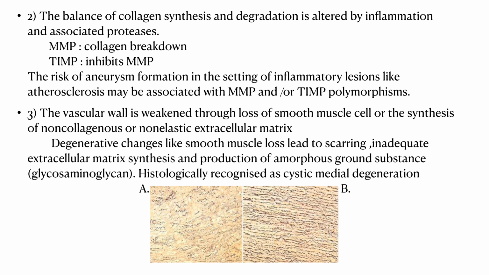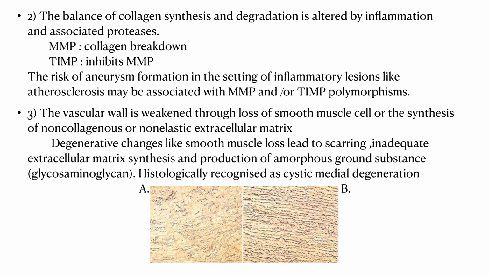The second is the balance between collagen synthesis and its degradation by inflammation and other proteases. MMP and TIMP. MMP is matrix metalloproteases and TIMP is tissue inhibitors of metalloproteases.